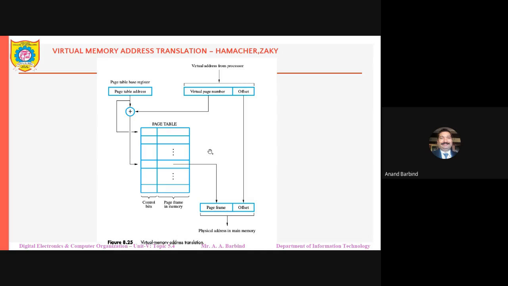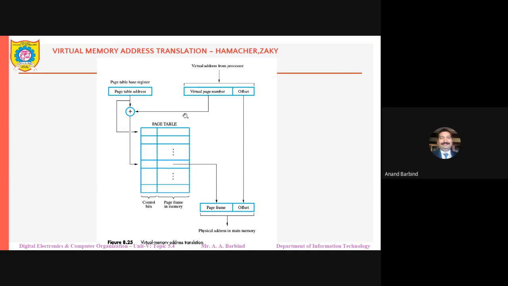Okay, so this is the translation. The most important part in virtual memory is the conversion of the virtual address to the physical address. In different literature it has been shown in a different fashion.